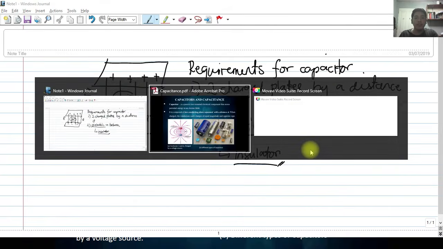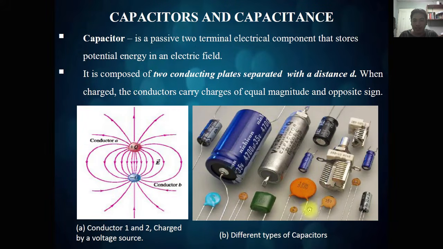Capacitors look like this in the laboratory. They come in sizes. Some of the capacitors are really big, some are really this small, and some are a lot bigger than that.